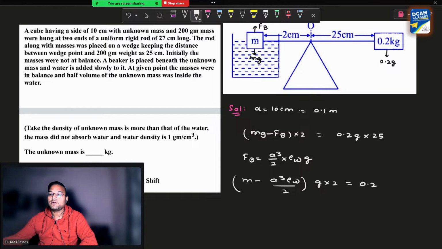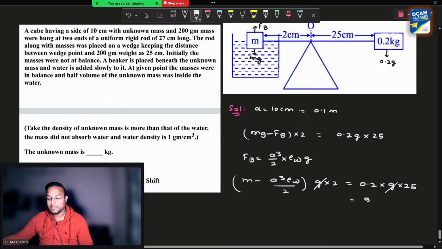It is 0.2 kg, no? This kg has to be converted in grams, or otherwise I will have to take A in terms of meters. This g will cancel. 2 into 25, 5 by 2.